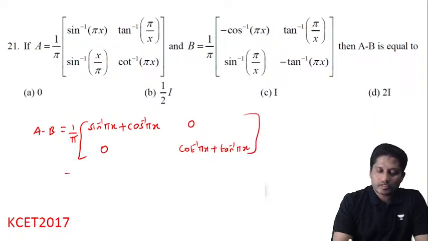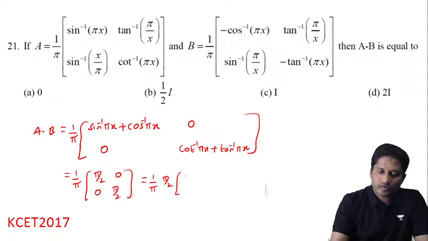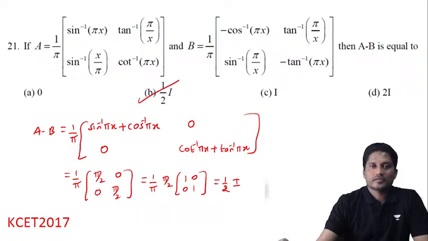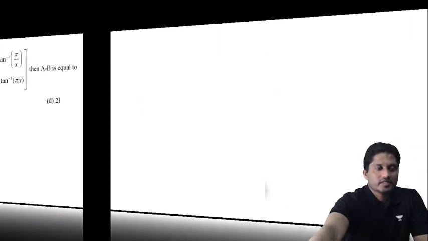Sin inverse plus cos inverse is pi by 2. So this is 1 by pi times the matrix pi by 2, 0, 0, pi by 2, which is 1, 0, 0, 1. This is half of I. The answer is option B. Let's move to the next question.